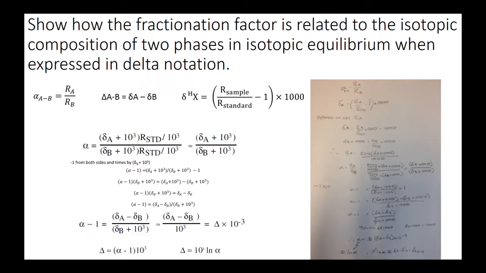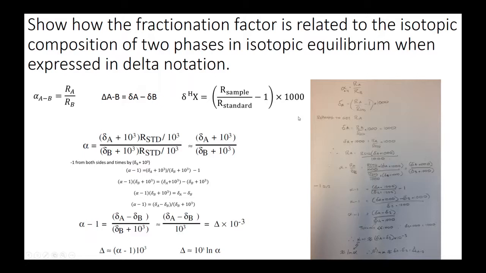Because when we make measurements of isotopes in samples, we can very rarely measure the absolute value of the ratio of the two isotopes. We have to measure the ratio of those isotopes relative to that in some arbitrary standard. And that's this equation over here.